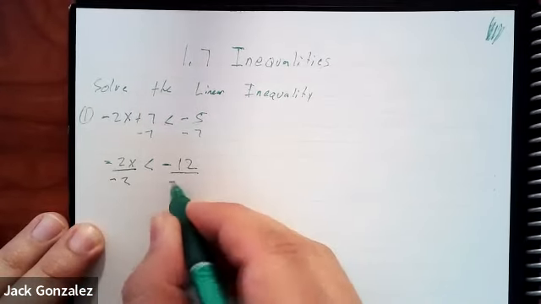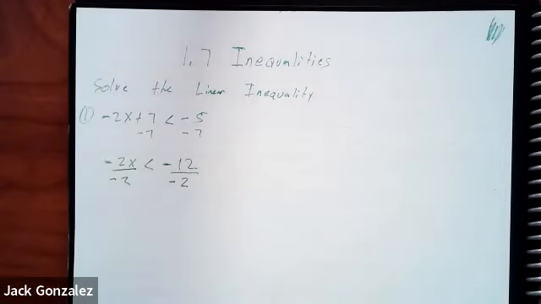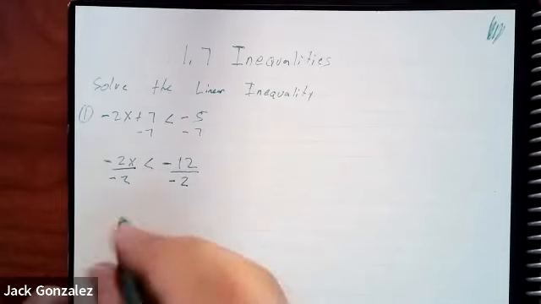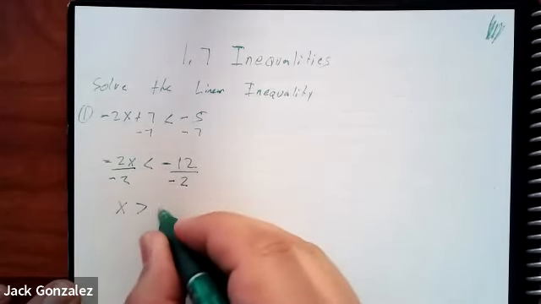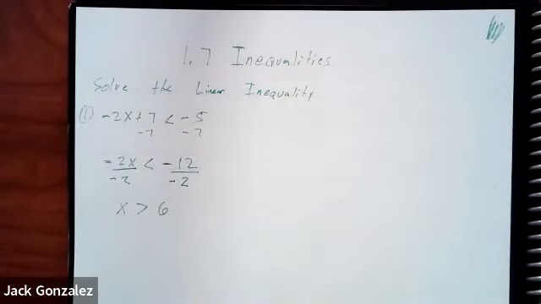by negative 2. Now, this is where the new step happens. Whenever you divide or multiply by a negative on both sides, the inequality symbol will flip the other direction. But as you can see, everything else is the same, right? So whenever you divide or multiply by a negative on both sides, it'll flip.